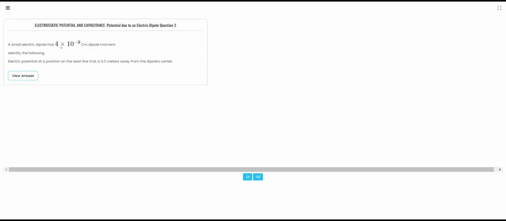The first thing: a small electric dipole has a dipole moment of 4 into 10 raised to minus 9 centimeter.